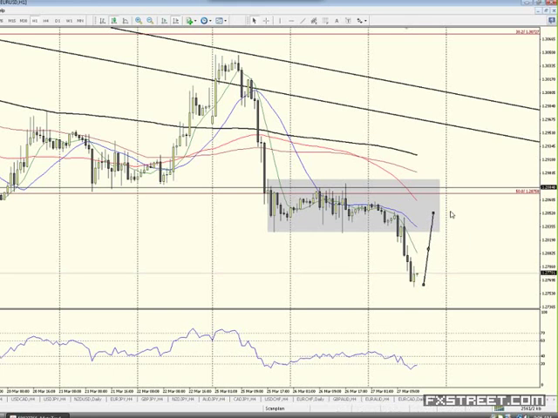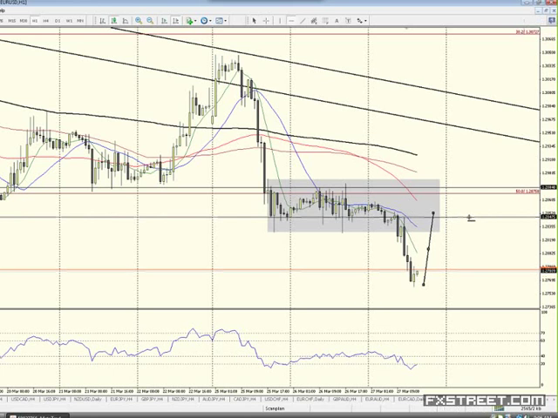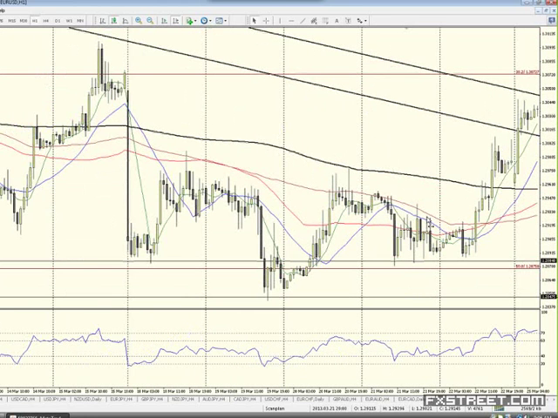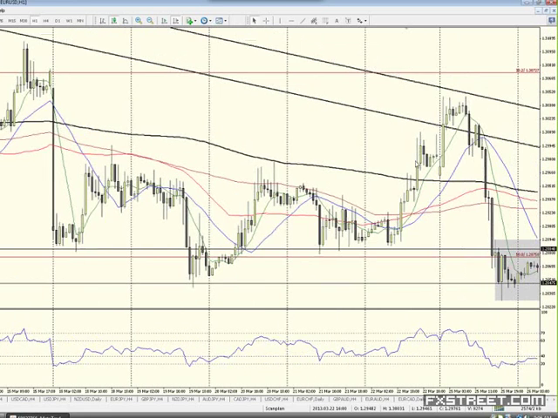However, a break above 1.2850, now that's going to spell trouble, and that's going to be a possible consolidation ahead. Maybe for the rest of the week we'll get some more sideways action, just like we did last week in this sort of fake out inverse head and shoulder.